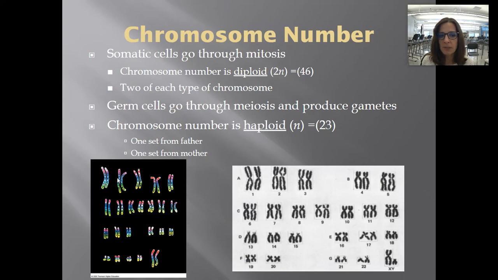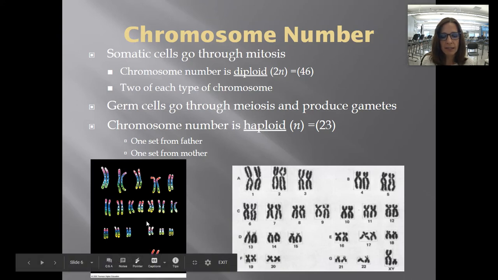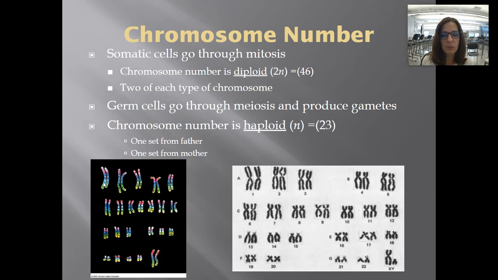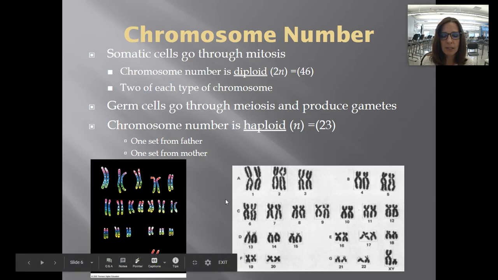So karyotypes you can see are either like this or they're like this. This is a 46, so this would be before your DNA doubles, and then this would be after your DNA has replicated. Another thing I wanted to bring your attention to: if you look at this, this is an X and a Y, so that would be a male.